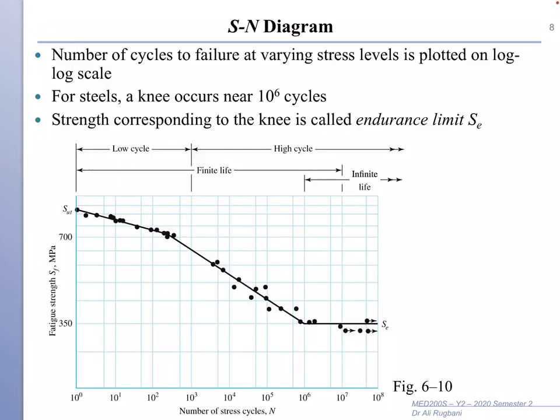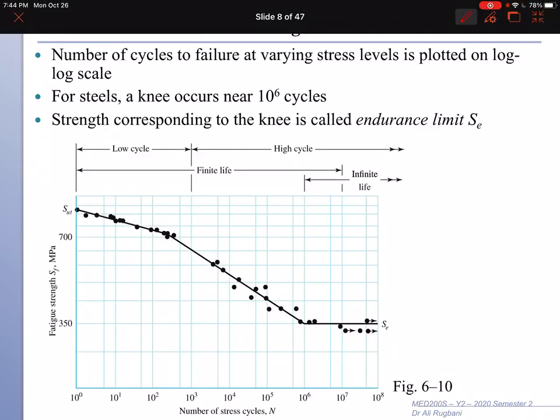You will get a curve something like this. So this is the S-N curve, or strength in the vertical axis here, and number of cycles in the horizontal axis. As you can see, when number of cycles is 0, we got failure at ultimate strength.